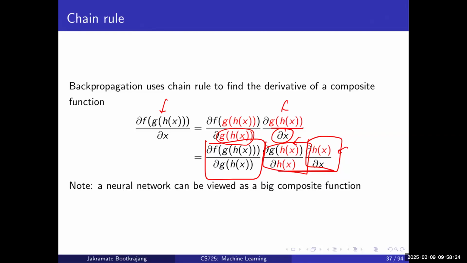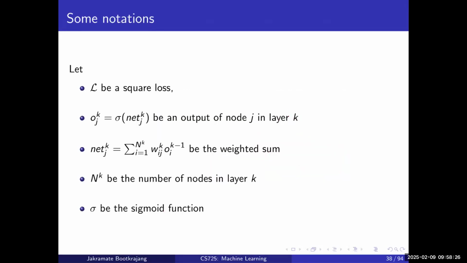And we're going to set this up very carefully, right? So we have the loss function. We have O_jk to be the output of node j in layer k. And this is basically some activation function. I would pick a sigmoid function, but basically you can pick any function that is differentiable.